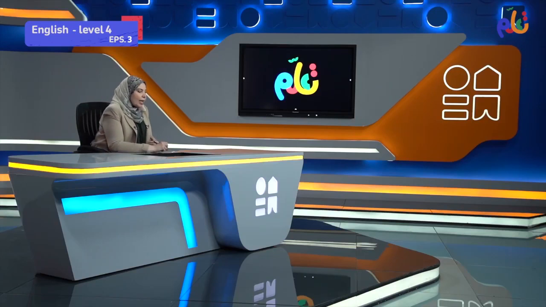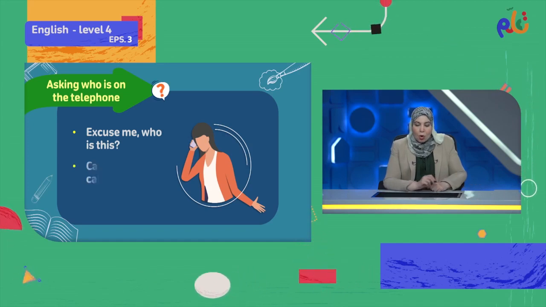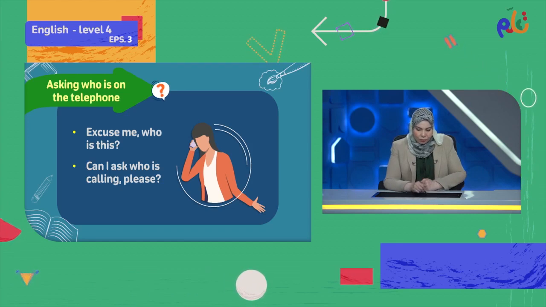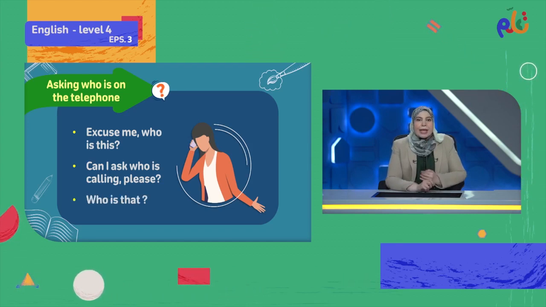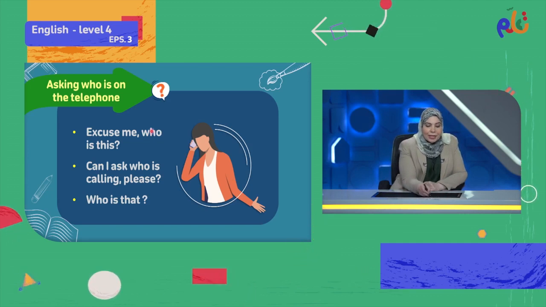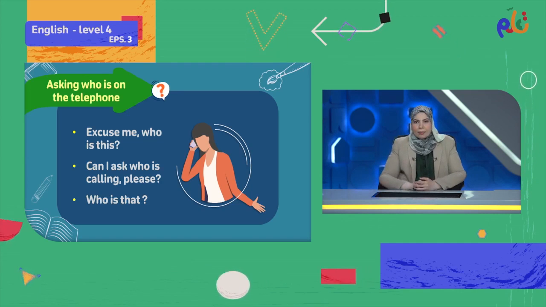So in this case, I can ask who is the person on the phone. I can say, excuse me, who's this? Or can I ask who is calling, please? Or I can say, who is that?